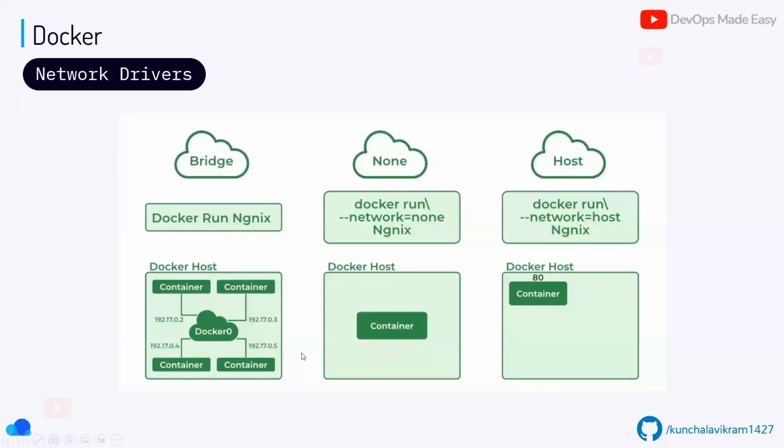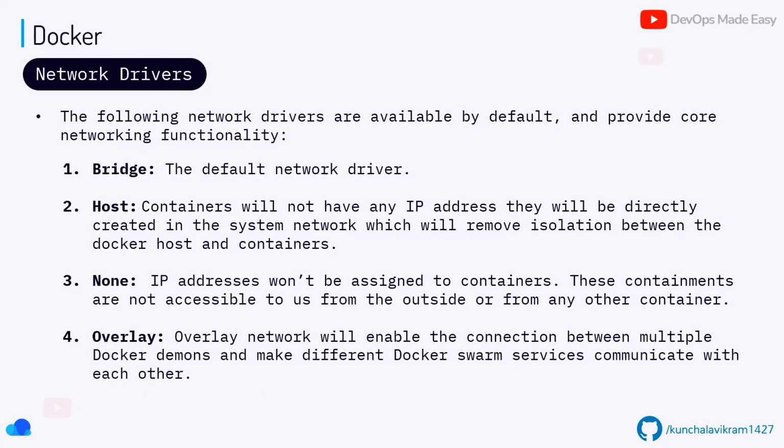So these are all typically network types, the different network types provided by the various drivers. Yes. If you need inter-host communication, which means Docker host to Docker host communication, how is that communication going to be established?